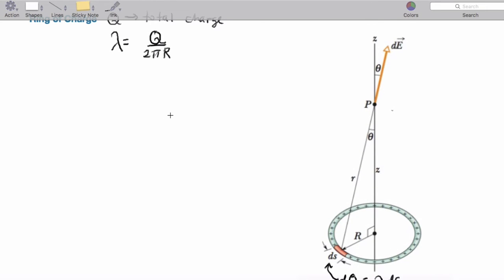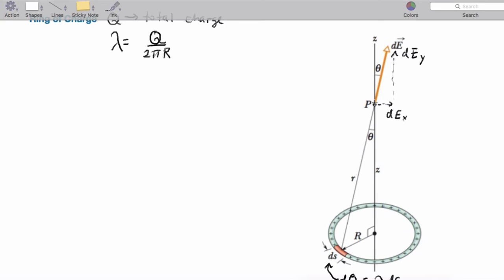So one small thing we should point out is that the electric field at point P actually has two components. There is a little dEx component, and there is a dEy component. And here's the problem. They give us the angle theta.